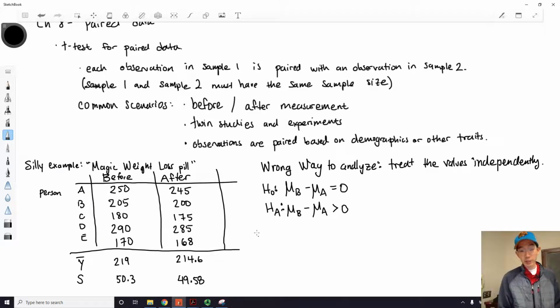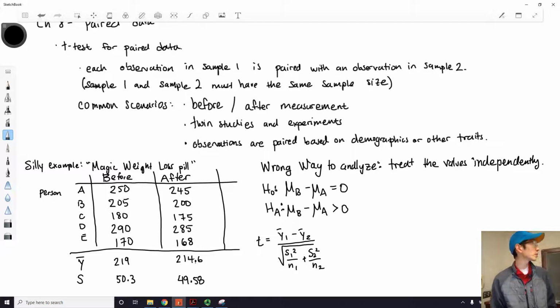Okay, so if you do this, your test statistic is going to be y bar 1 minus y bar 2 divided by your standard error, which is the square root of s1 squared over n1 plus s2 squared over n2. So if you plug in all of these numbers, n1 is 5 and n2 is also 5.